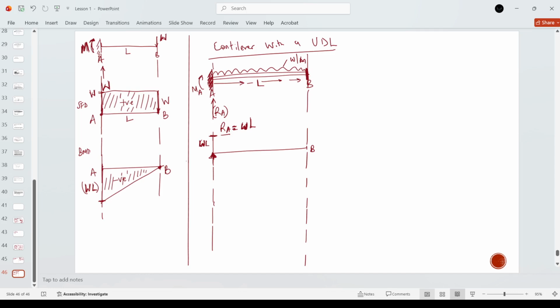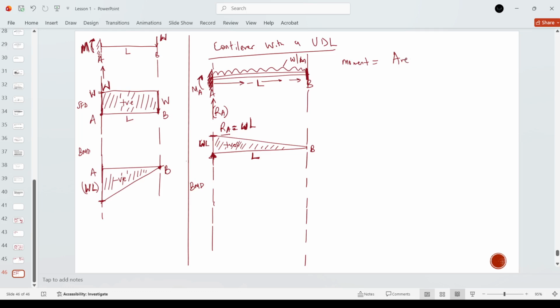Because it's a UDL, it's going to vary linearly in this manner, and this will be positive. Okay, and if it varies in that manner, then our bending moment, considering it is UDL, moments are only experienced in one end. So moments will be maximum at point A. Okay, and how do we get the maximum moment? This is the span L.